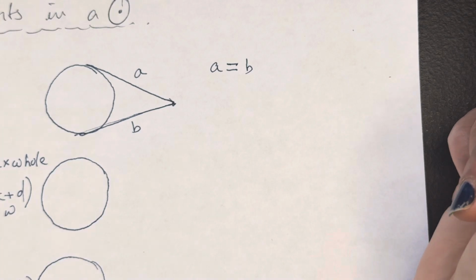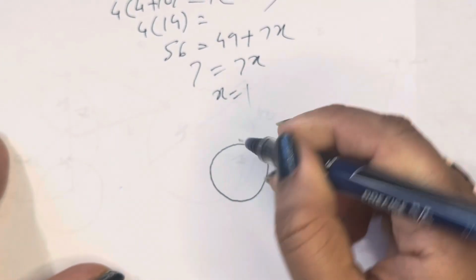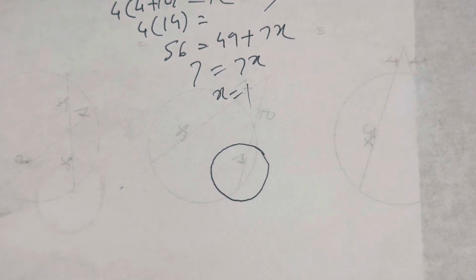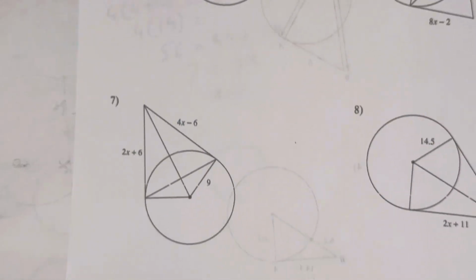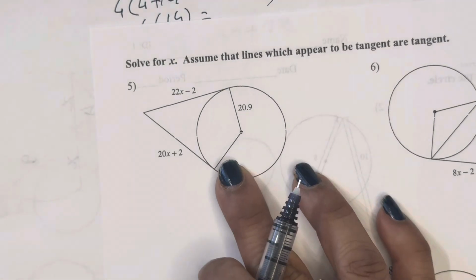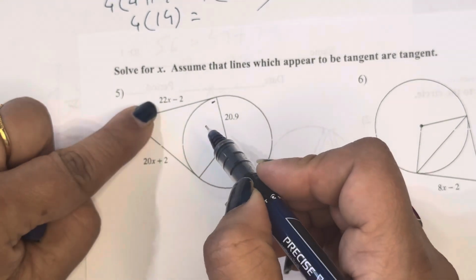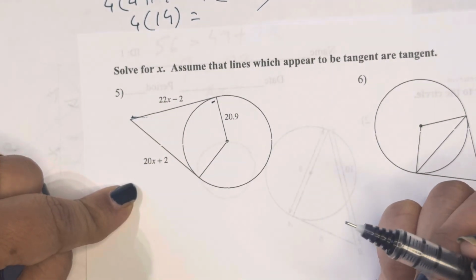So example, if I have a circle with, actually I have a worksheet on that. So like this question, I think it is visible. One of the tangents is 22x minus 2, the other tangent is 20x plus 2.